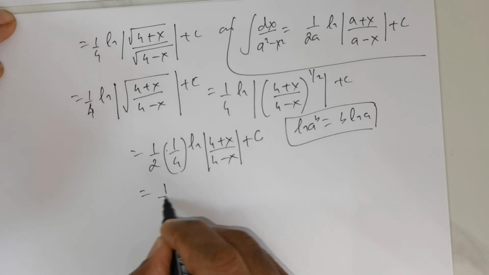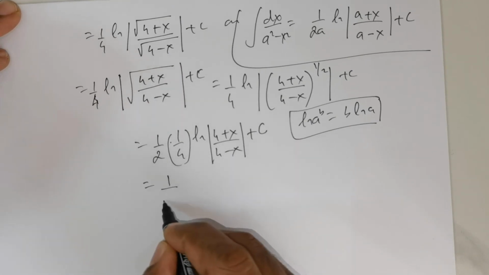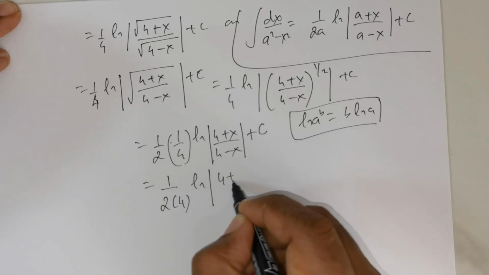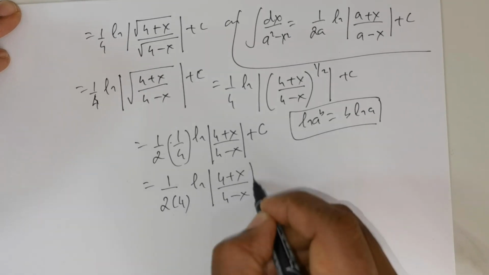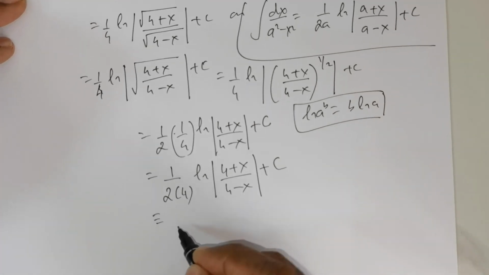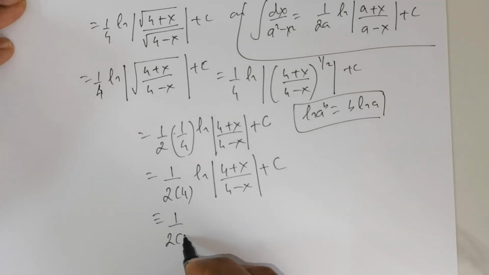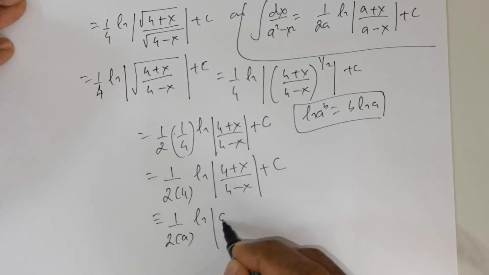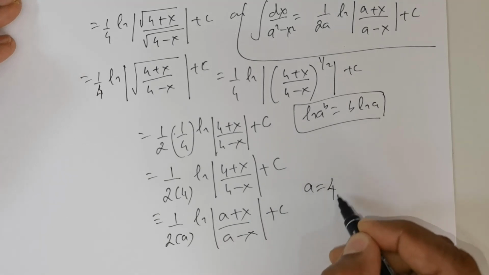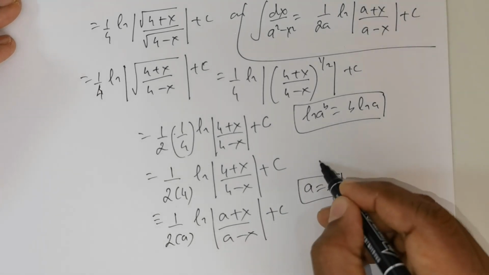So can I further complete the solution as 1 over 2 times 4 ln modulus 4 plus x divided by 4 minus x plus c, which is similar to 1 over 2 times a ln modulus of a plus x divided by a minus x plus c, where the value of a is equal to 4. Why?